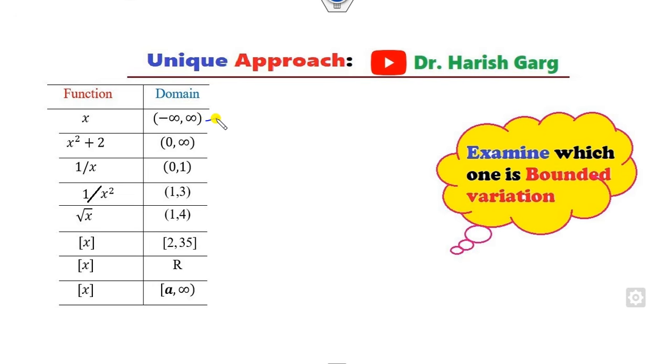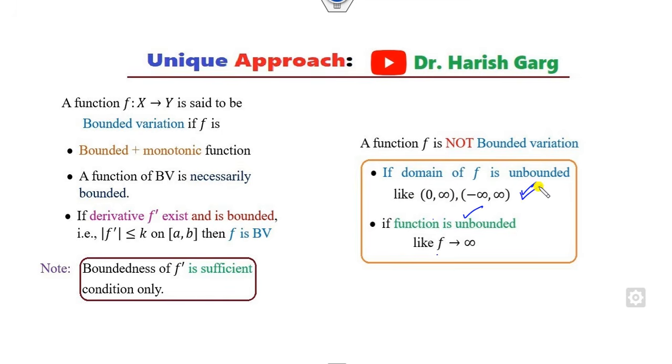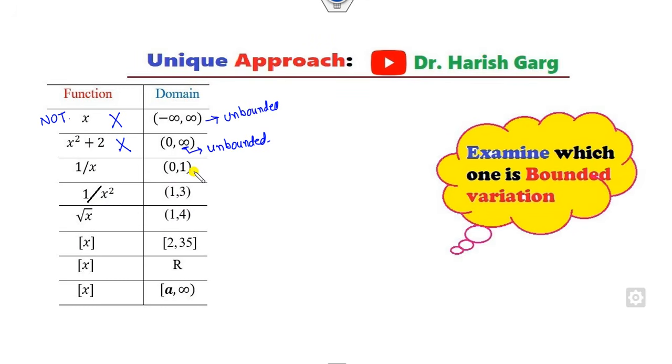You can see that the domain is unbounded because infinity is involved. So it means it is not of bounded variation. Look at this one. Again, because of this infinity, the domain is unbounded. So if the domain is unbounded, the function is not of bounded variation, as I mentioned here. You can see that the domain is bounded.